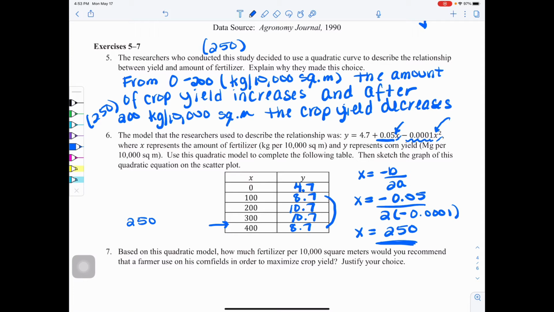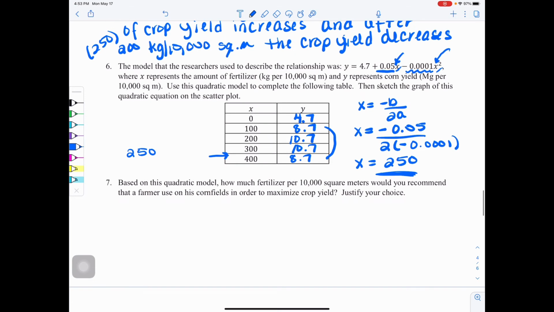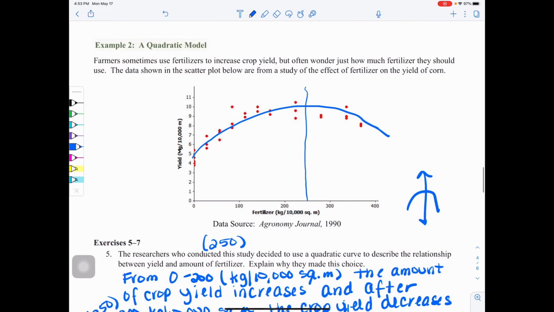Okay, so in number 7, based on this quadratic model, how much fertilizer per 10,000 square meters would you recommend that a farmer use on his cornfields in order to maximize crop yield? Justify your choice. So where are you going to make the most? Well, if I go back up here, remember, you're going to make the most at the very top of this arc where the axis of symmetry and the graph intersect.